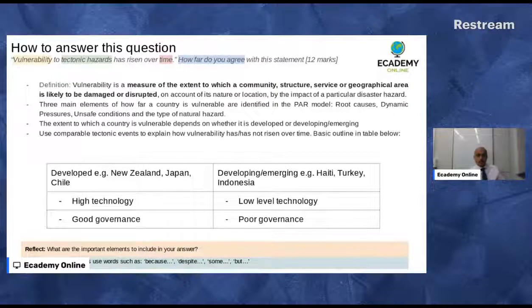So that shows you how over time they've put measures in place to reduce vulnerability. And then you could talk about the measures that they've taken to do that. Whereas with Haiti, it started off being an underdeveloped nation, but over time, the situation has got a lot worse, right? And then you can explain those processes that are involved.